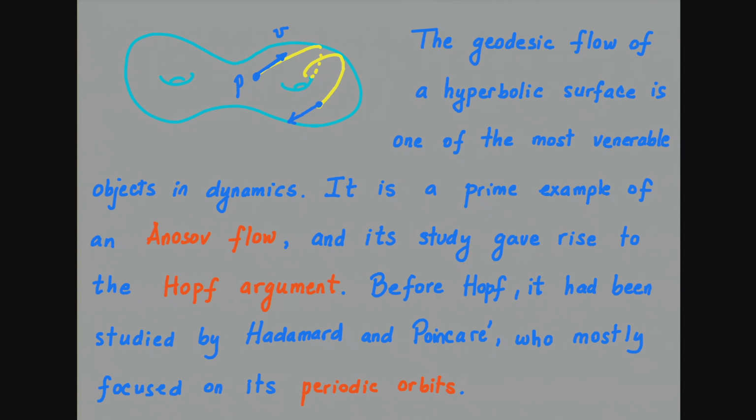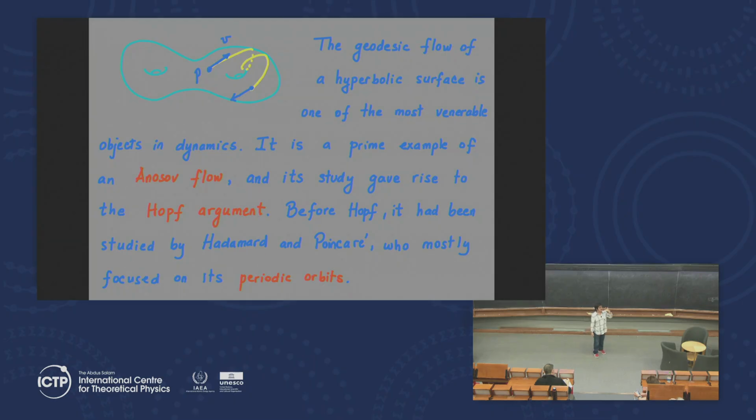It was studied by Poincaré and Hadamard, who focused mainly on the study of the periodic orbits, and then was famously studied by Hopf. And this particular example is a setting which gave rise to the Hopf argument.